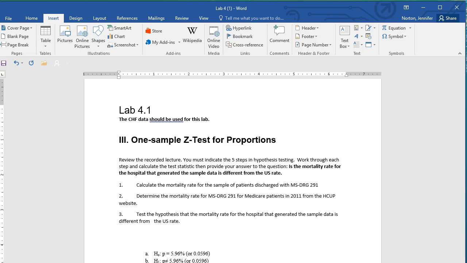And this is the first time you've done any hypothesis testing, and so I thought it was important to at least walk you through the steps in this first lab and help you to understand how we're going to be utilizing the Excel files of data that we are given, and how to navigate the HCUP website, how to complete the 5 steps in hypothesis testing, and how we come to our conclusions.